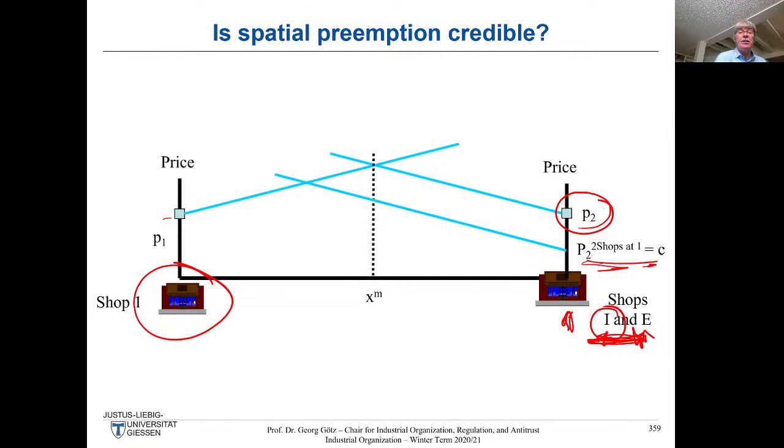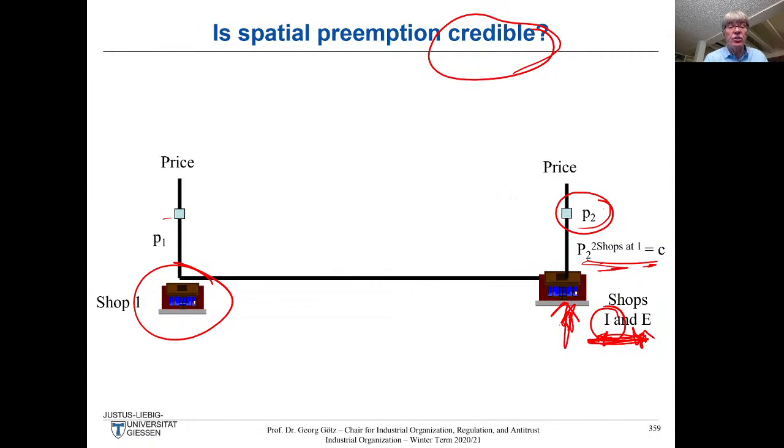And you see immediately that it doesn't make sense for the incumbent to set up a second shop if the other firm enters, and what the entrant can expect is that the incumbent would exit here. So it's not credible that the incumbent sets up a second shop, or actually, if it really sets up a second shop, it will not leave that shop in the market.